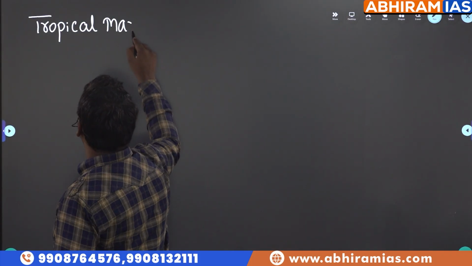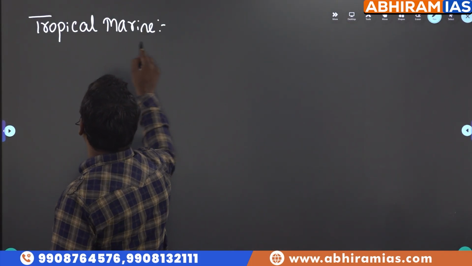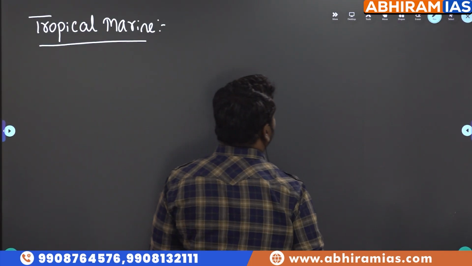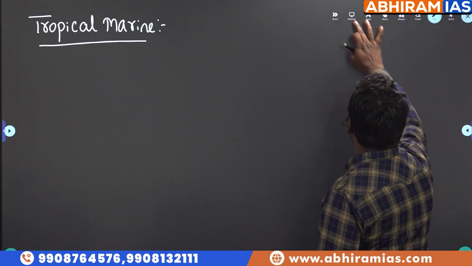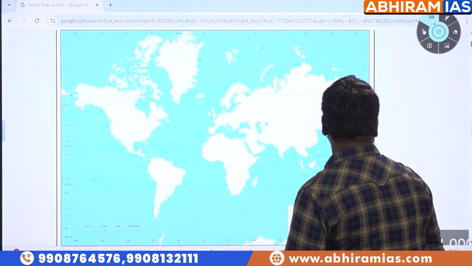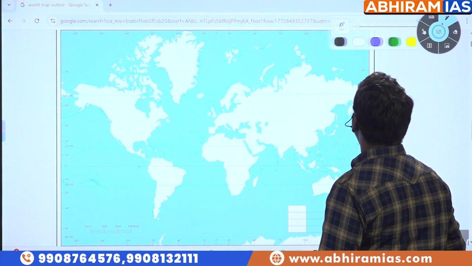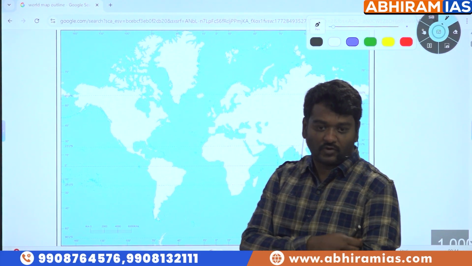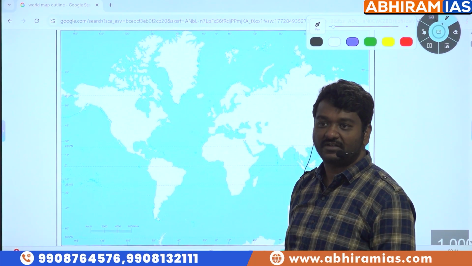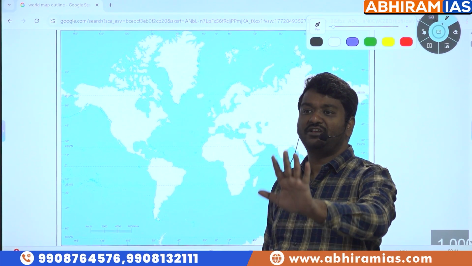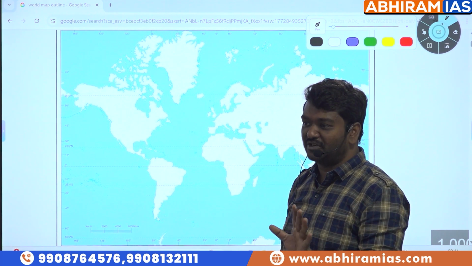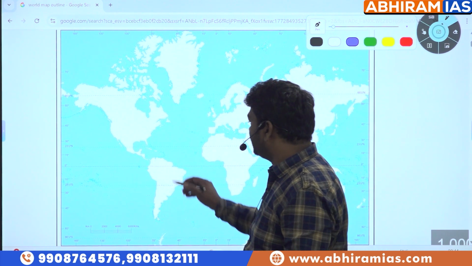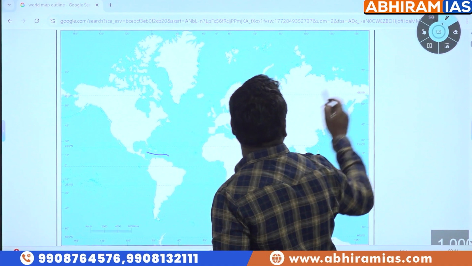Second, tropical marine climate. Can you tell me which side you wrote? Eastern side or western side. They are present on the eastern side of the continents. Now, what is the current here?